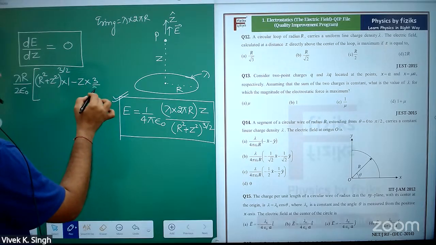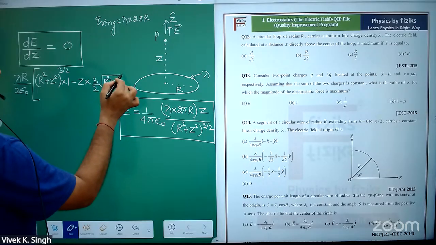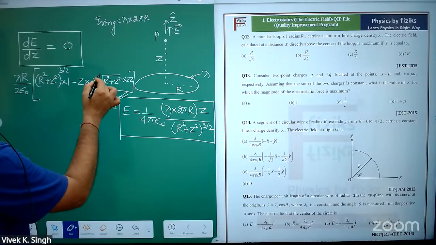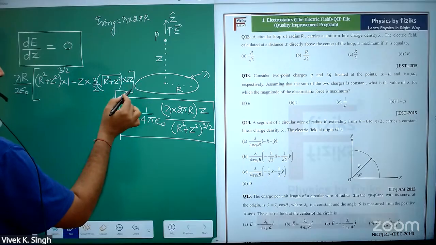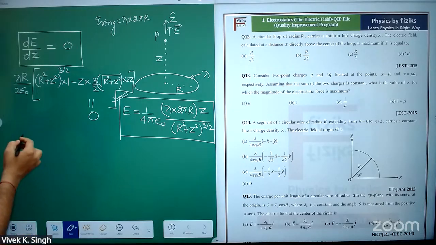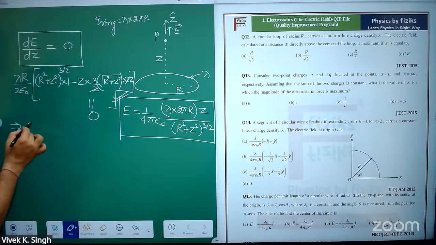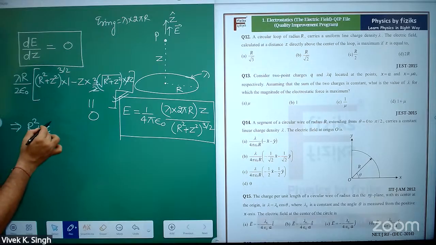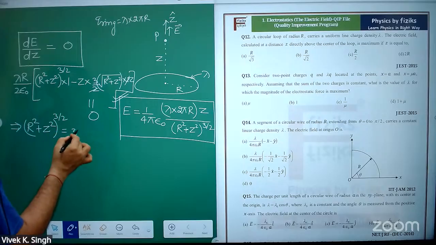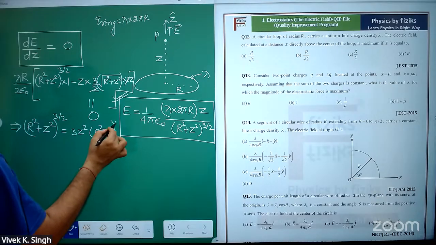This is 3 by 2 under root r square plus z square, and then 2z. You have to take this value to be 0. Now the 2 will cancel out and you will get r square plus z square power 3 by 2, and this will be 3z square, times r square plus z square power 1 by 2.